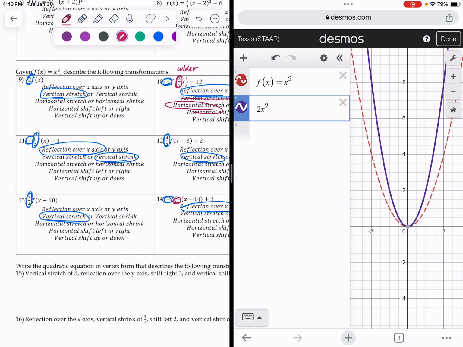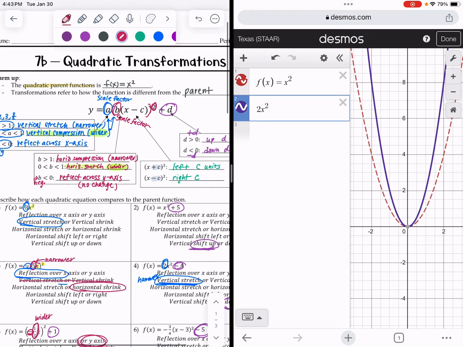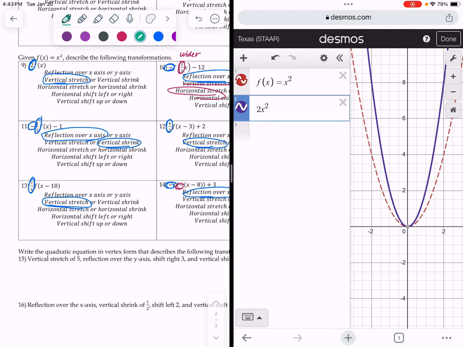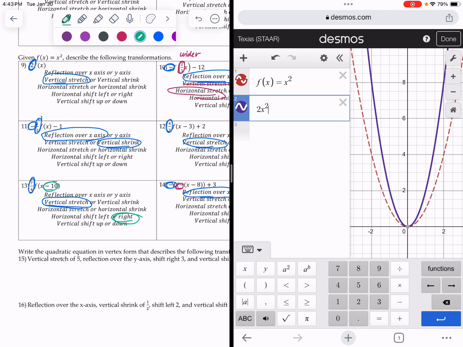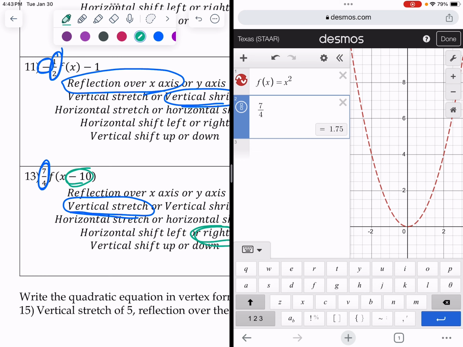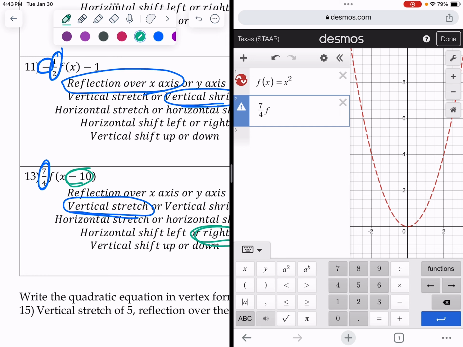And then let's look for left, right, up, and down. I was using green for that. And so here we've got a right 10, because it's minus. Remember, you can graph these, and you can even use the f notation. So 7/4 f of x minus 10.